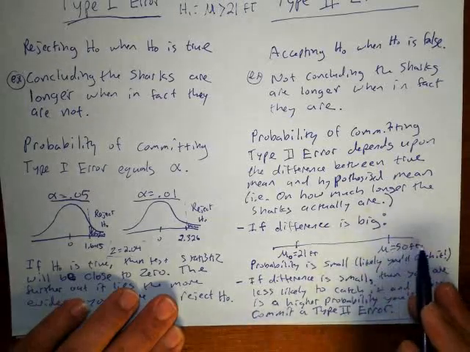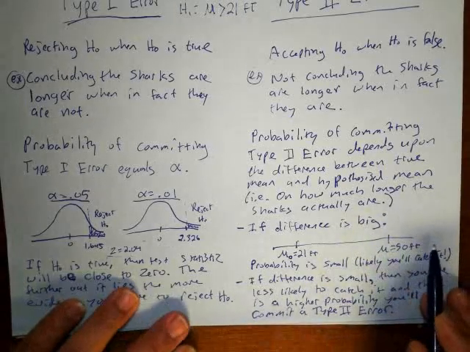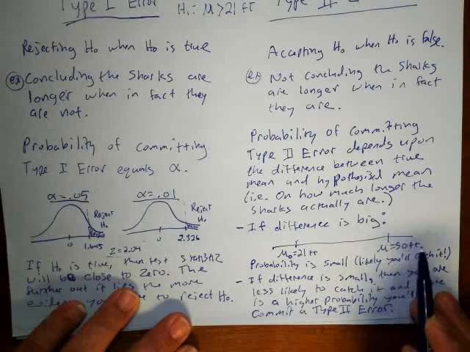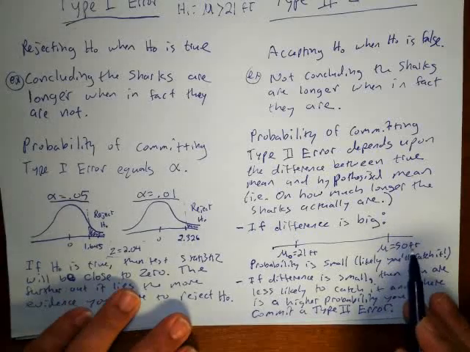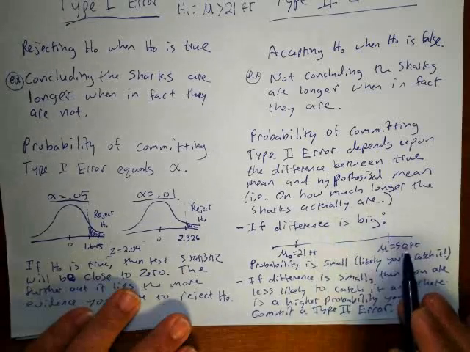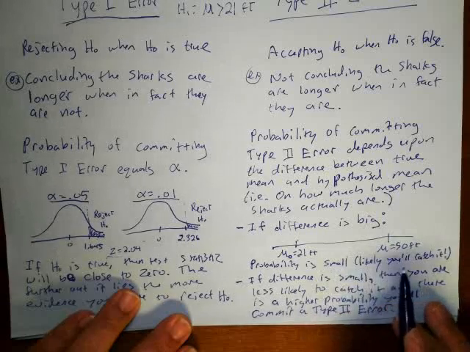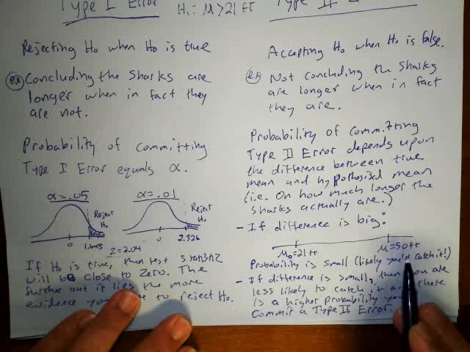Okay? Well, you're probably going to catch that. You're not going to commit the type 2 error and fail to conclude that they're longer. So if the difference is really big, then there's a very small chance that you're going to commit the type 2 error.